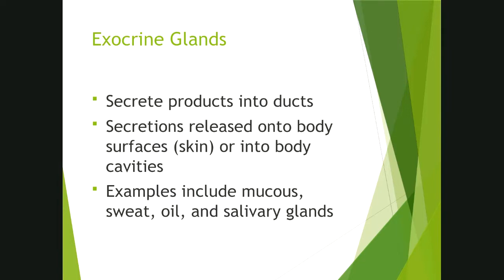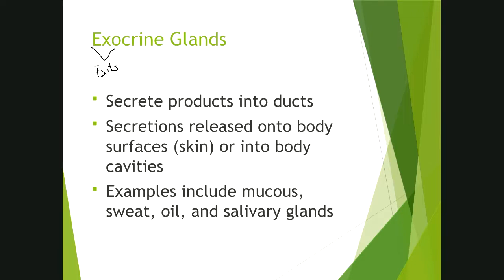So let's look at glands. Well, in order to talk about them a little more easily, we classify them. And one way to classify them is to see where the product goes. If the product exits, in other words, it goes to the outside, it's called an exocrine gland.